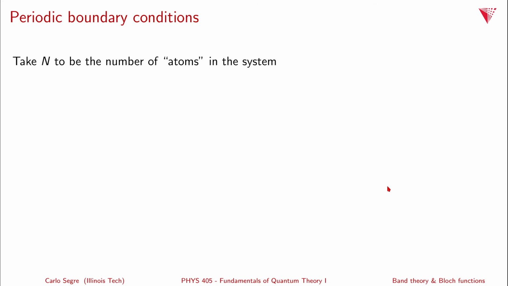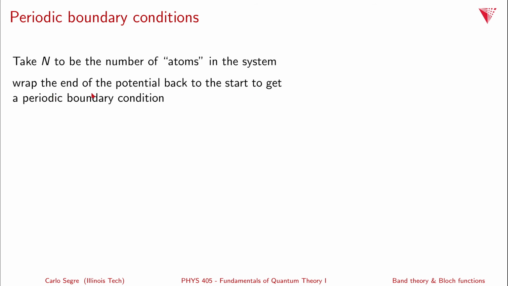So let's look at what the periodic boundary condition does. Let's imagine we have N is the number of atoms in the system. If you wrap the end of the potential back to the start to get a periodic boundary condition, that says that psi of x plus Na is equal to psi of x. That's exactly the same position.